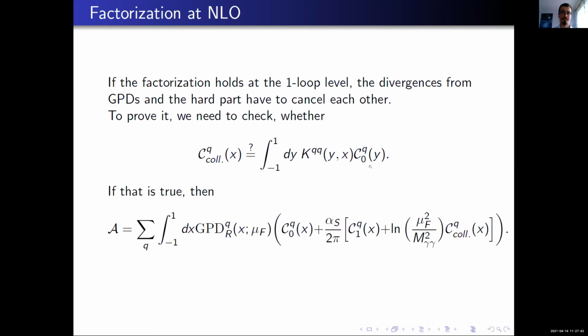If that is true, then the amplitude can be written in terms of all finite quantities. Dependence on mu r vanishes, and there is only dependence on the factorization scale, which sits in the GPD and the term with logarithm.